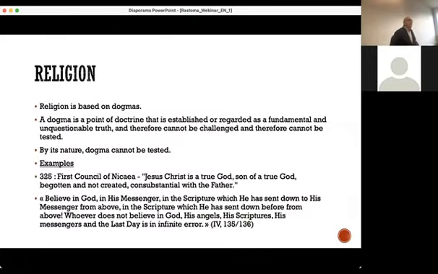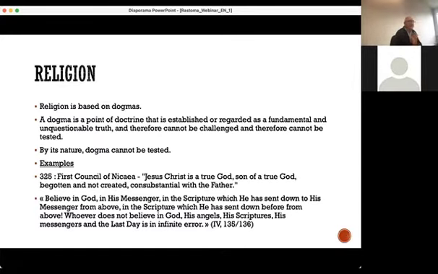Then the second term in the way we can use knowledge is religion. Religion is based on dogmas. A dogma is a point of doctrine that is regarded as a fundamental and unquestionable truth.